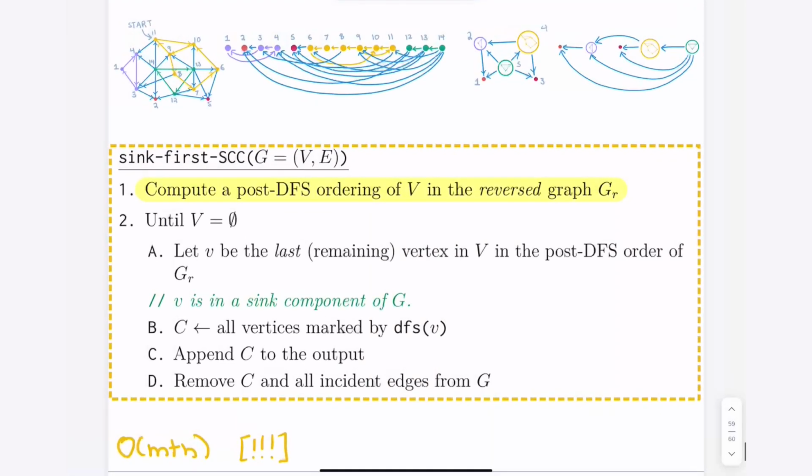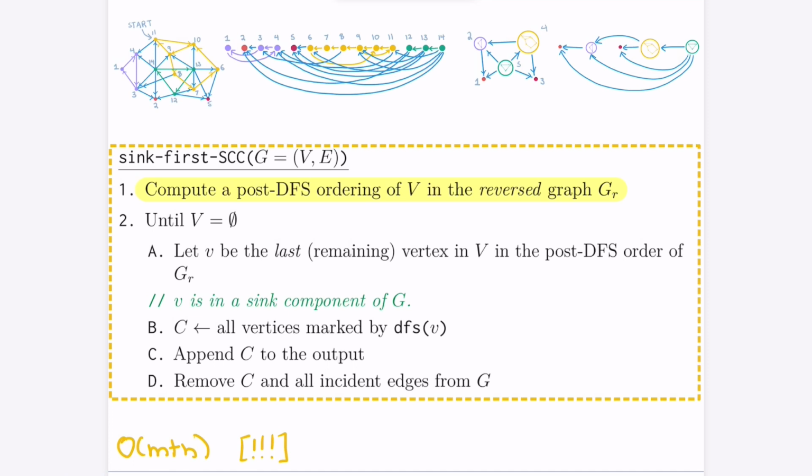It's very clever. So we'll compute a post-DFS ordering in the reversed graph, and then it'll be the last, because that's going to be the source of the reverse graph. So we take the last vertex, we just do DFS, because it's really in the sink component. We label it, we rip it out.